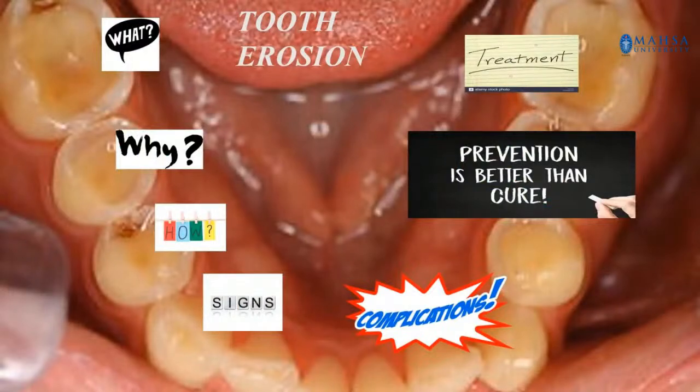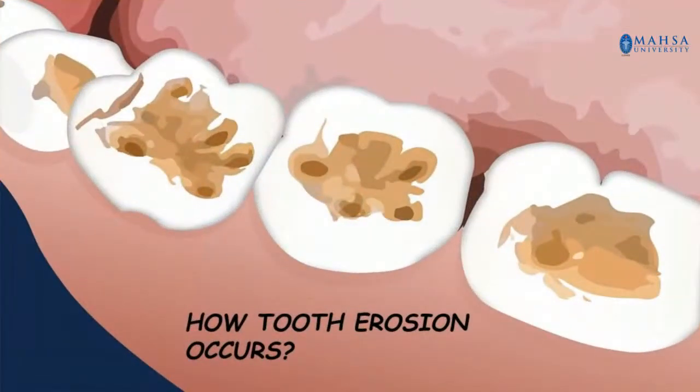After all the etiologies mentioned before, we can know that the main factor causing tooth erosion is the acid, regardless of extrinsic or intrinsic origin. But how does the acid cause tooth erosion? Before we go into it, let us look at the normal structure of the tooth.